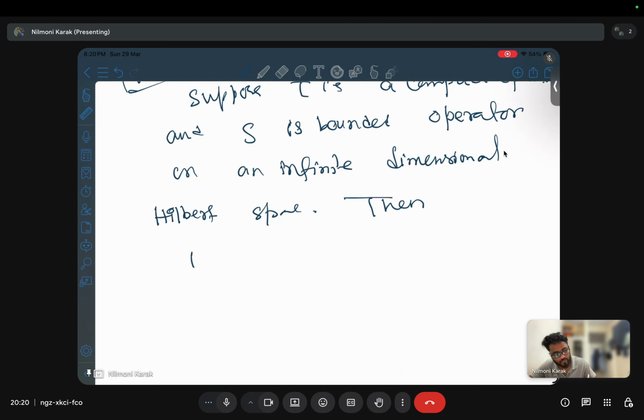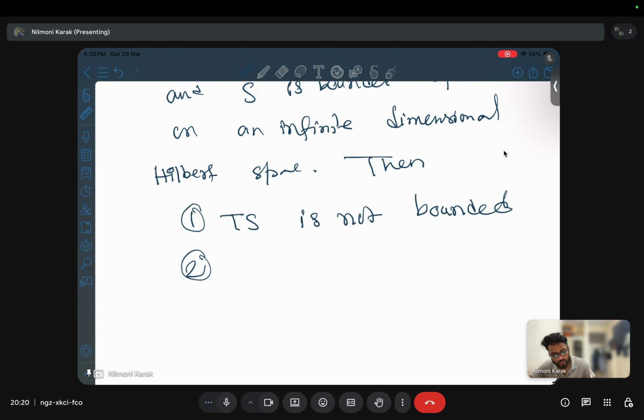Then: TS is not bounded. TS is compact, but ST is not.